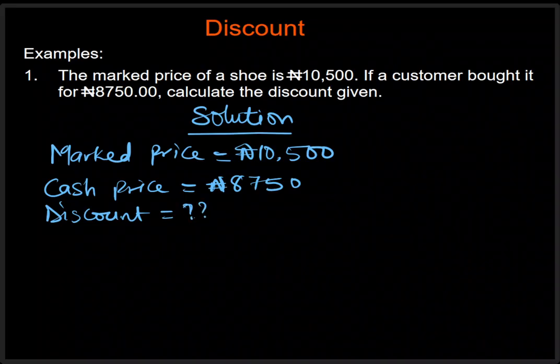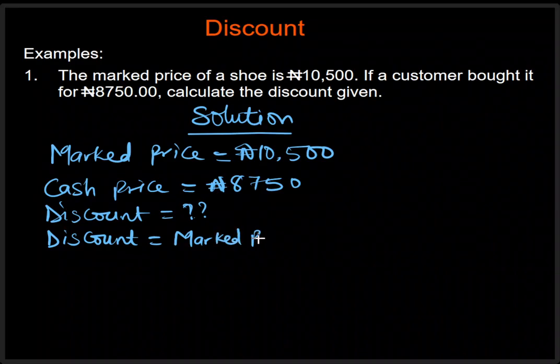So let's take down our formula for discount. Discount is equal to the marked price, which is the original price. Remember, discount has to do with a decrease, so the original is always bigger than the new price. So discount equals marked price minus cash price.